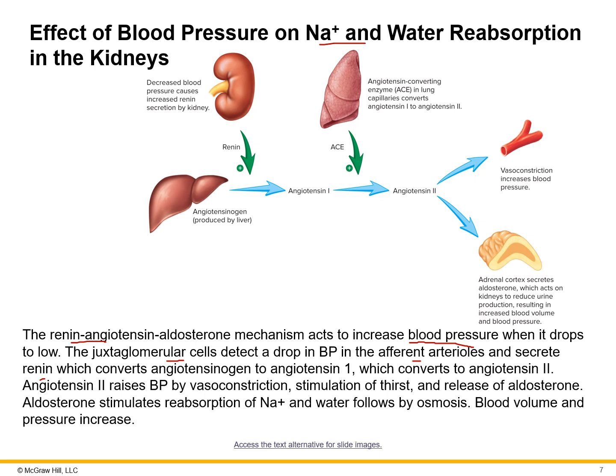They're going to release the renin. That converts angiotensinogen to angiotensin 1, which is then converted to angiotensin 2. And that raises the blood pressure because it causes vasoconstriction. It also stimulates thirst, as we'd mentioned earlier in this chapter, and it releases aldosterone.